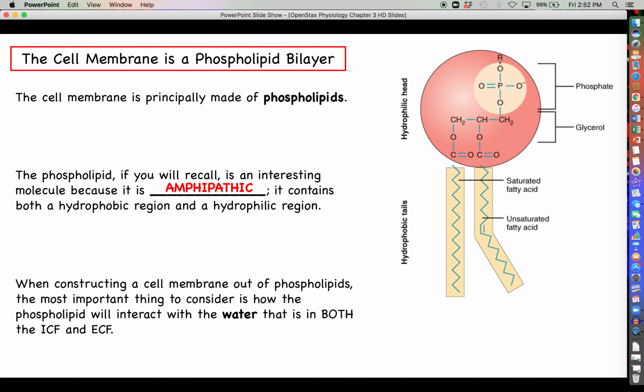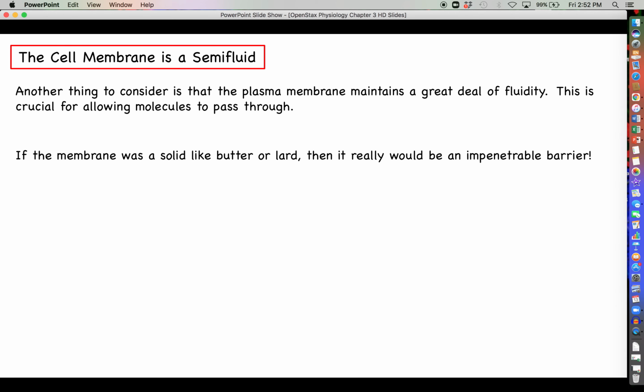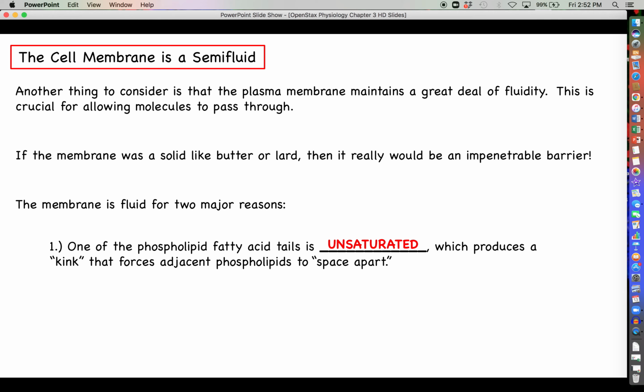People can't get very close to you if you've got your elbows stuck out to each side. So this is going to reduce the density of anything that contains unsaturated fatty acids and cause it to be much more fluid, meaning that it can't really become solid as easily. So that is reason number one why the cell membrane is a semi-fluid. You've got those unsaturated fatty acid tails.